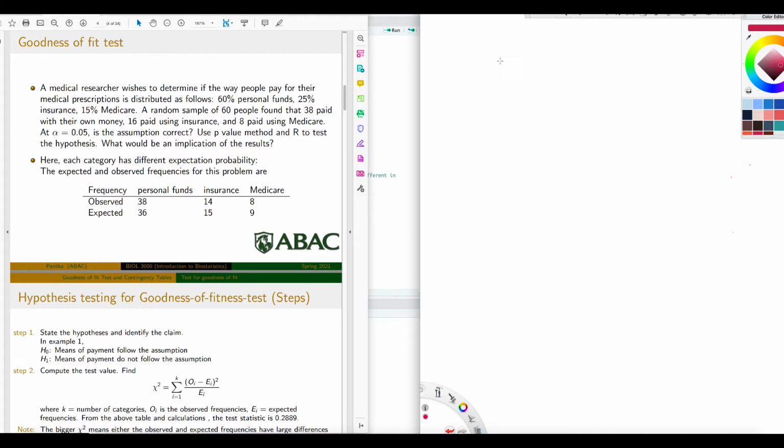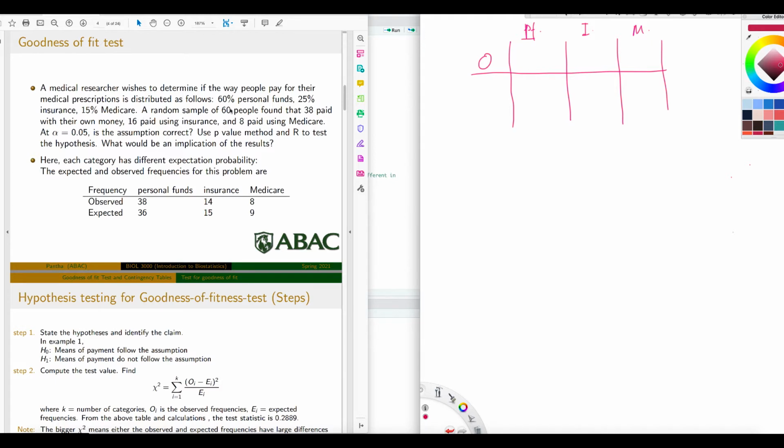Let us first list what is observed, and then we will find out what is expected as well, right? There are three categories: personal fund, insurance, and Medicare. These are the three categories of people that they want to test, whether 60% of the medical bills were paid by personal fund, 25% by insurance, and 15% by Medicare.